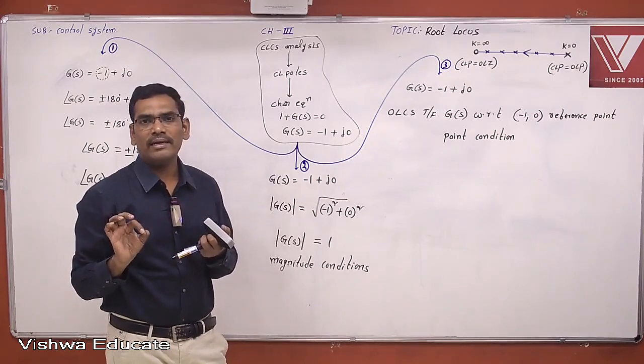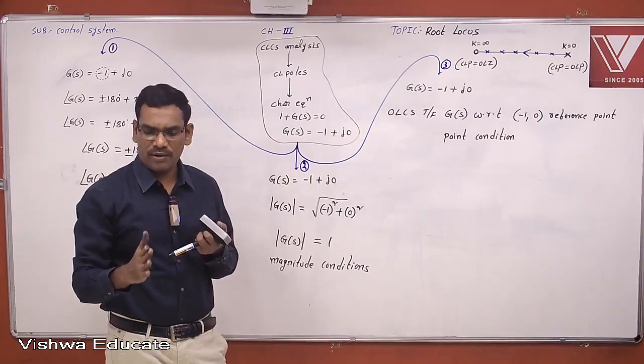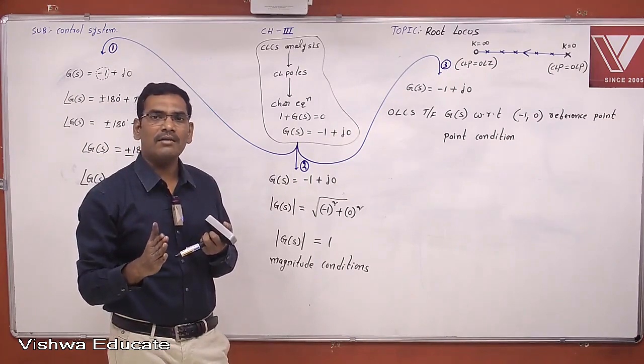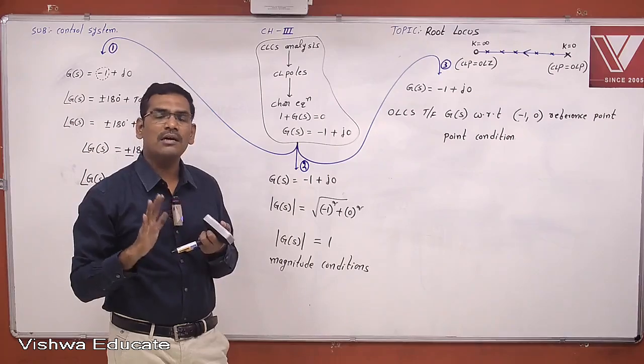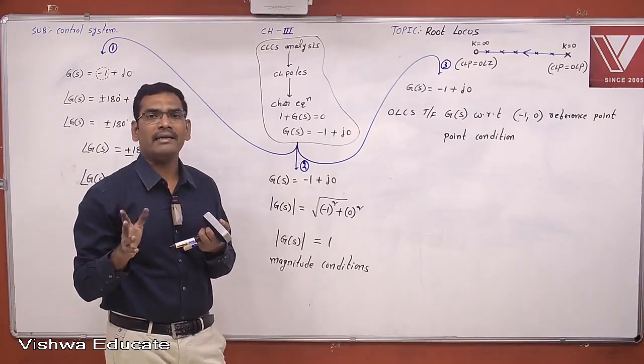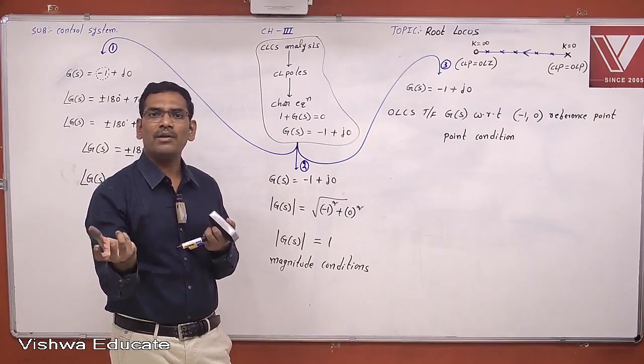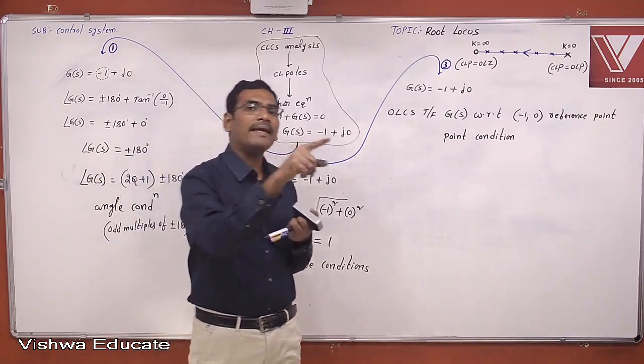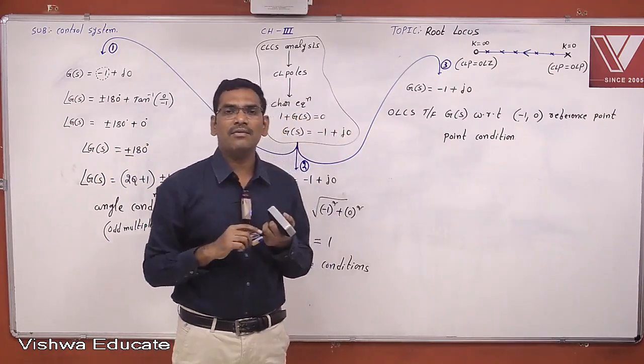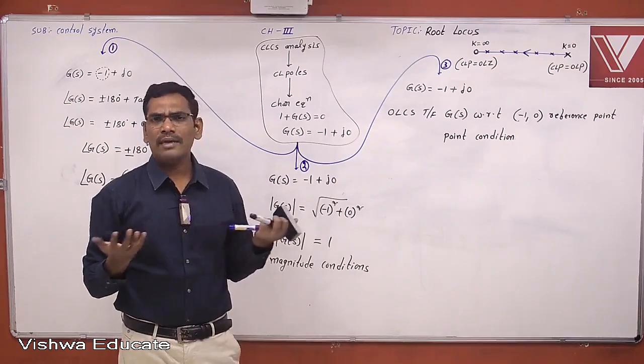But now, students, from the root locus diagram onwards, we never use the closed loop control system directly. We always take the open loop control system, but finally we want to do the analysis of a closed loop control system. How is it possible?